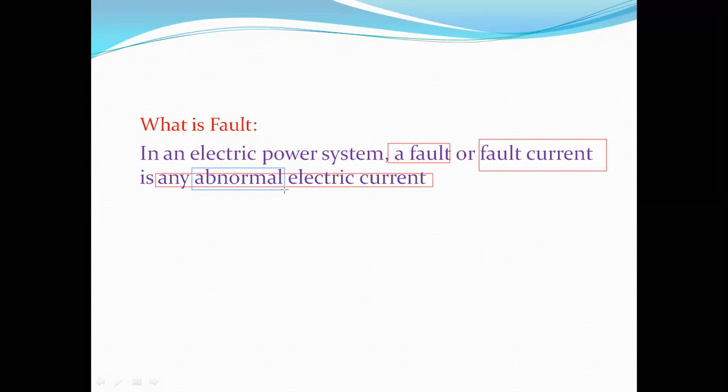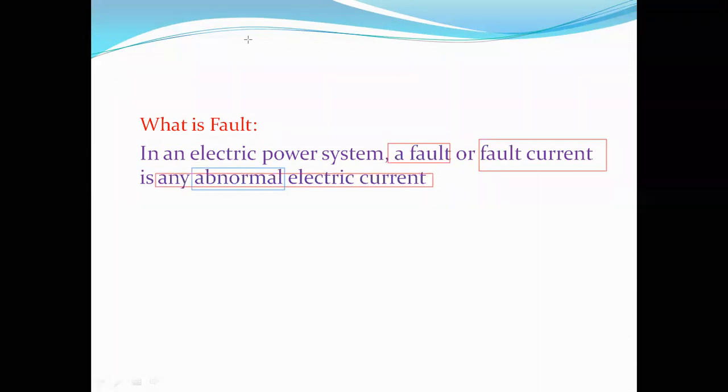If it does not maintain that, or if any fault occurs, then the normal voltage and current flow will change. It will become an abnormal situation. So fault or fault current is any abnormal electric current.